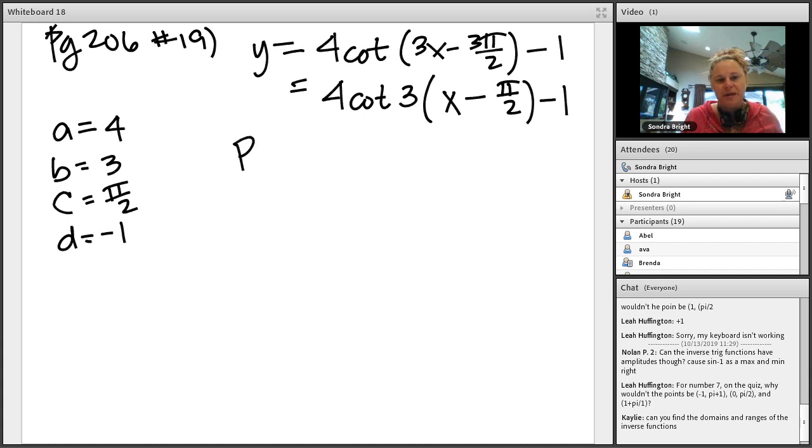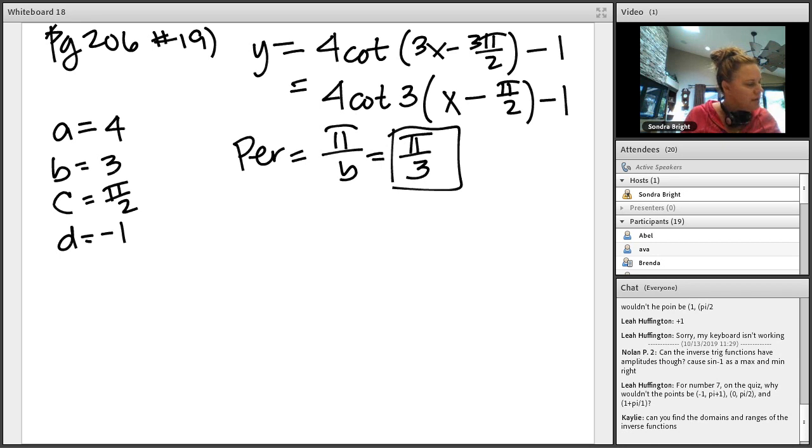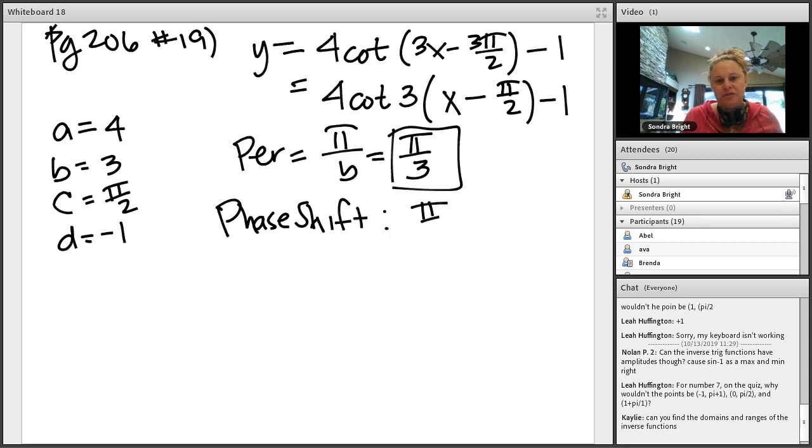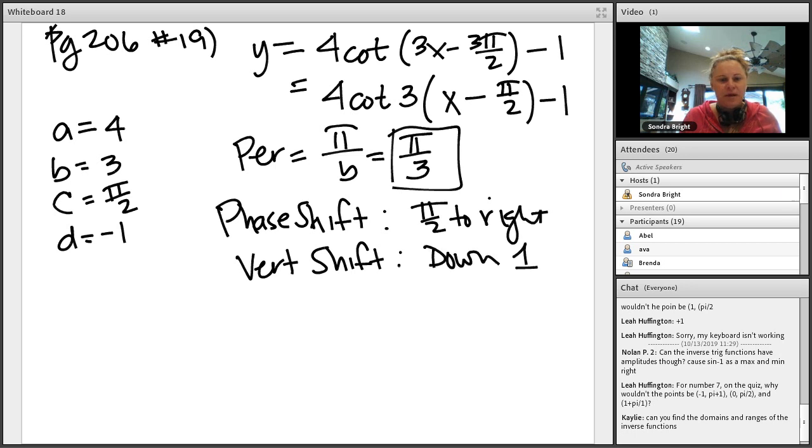Okay, so your period for cotangent and tangent is pi over B, so that means pi over 3 is the period. Phase shift: your C value is a positive pi over 2, so pi over 2 to the right is your phase shift. Vertical shift: your D is negative 1, so that means you're moving down 1 unit.